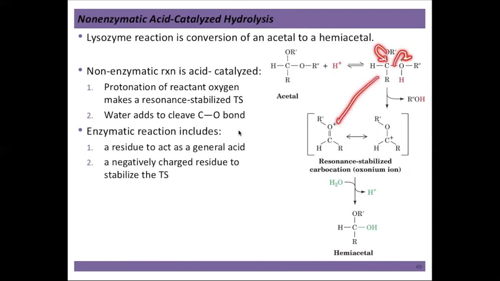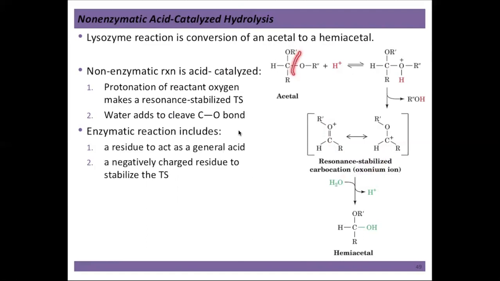That gives you this oxonium ion right here that is in resonance with this carbocation, so we have two different resonance structures. Then water is going to come in and either attack that carbonyl and kick those electrons onto the oxygen, or think of it attacking that carbocation. We deprotonate it and we end up with a hemiacetal.